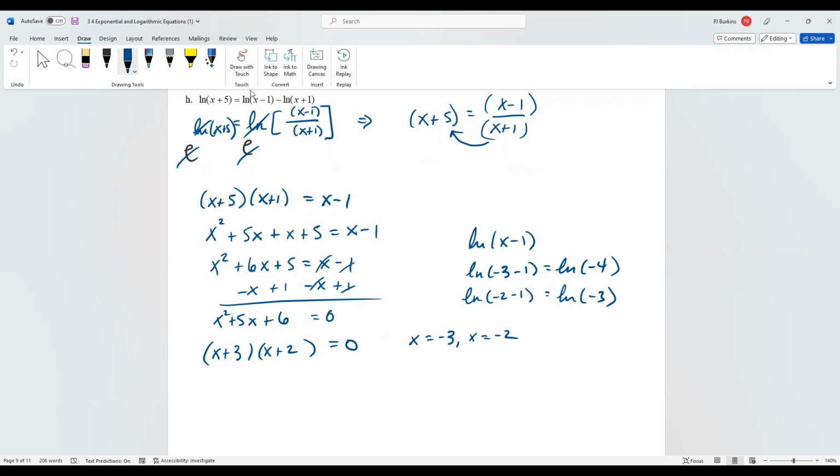Because of that, it turns out that neither of these solutions are actual solutions to our problem. They might work for the quadratic that we got from simplifying, but neither of these actually work for the logarithms. So there is no solution for this problem.